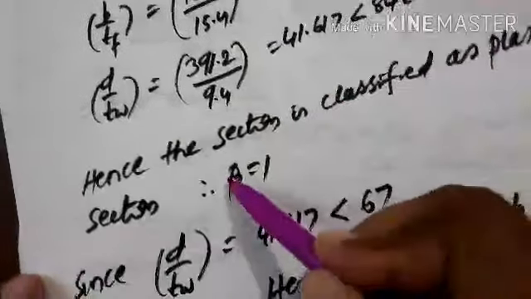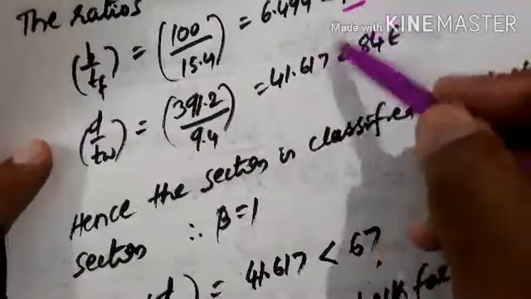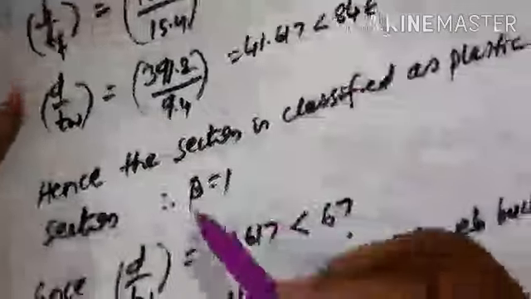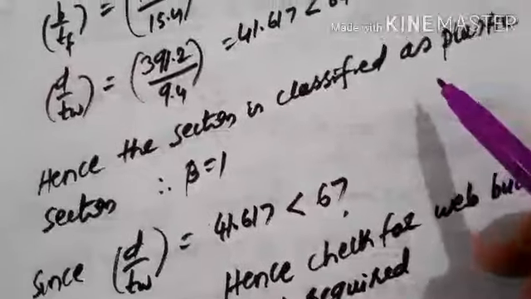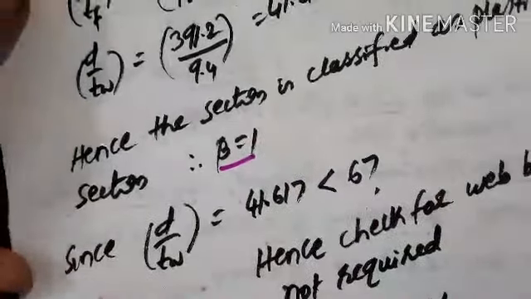Since both the elements give ratios lesser than the permissible for a plastic section, the section is classified as a plastic section. For a plastic section, the beta value should be 1.